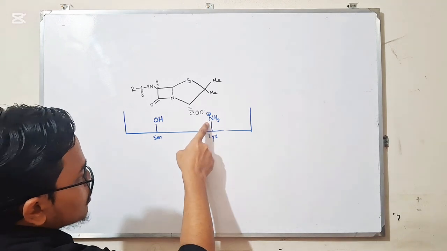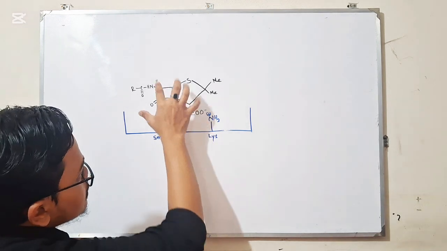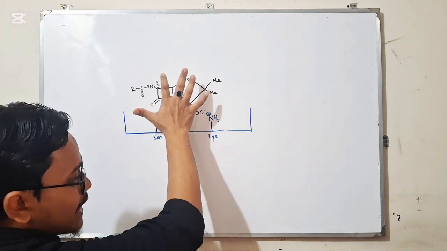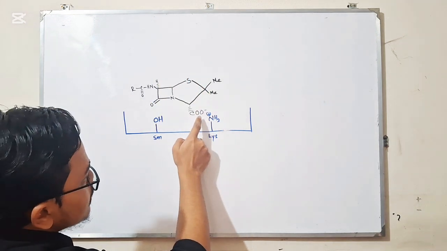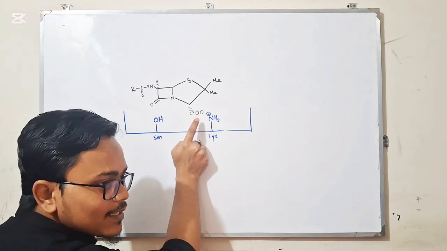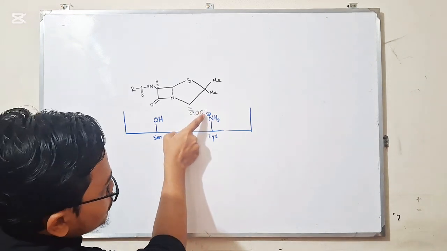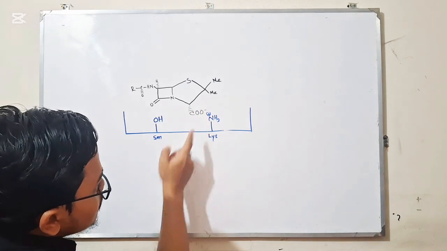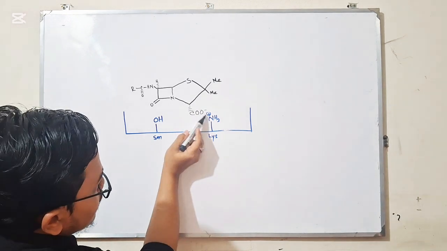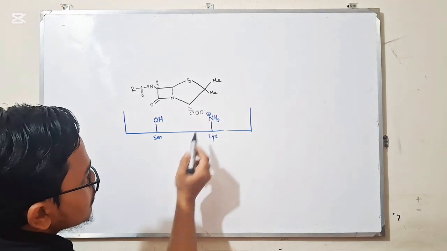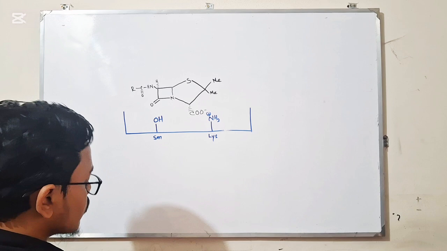So as this nitrogen is electron deficient, and this beta lactam antibiotic penicillin has a COO minus group, it can bind, it can neutralize this nitrogen by sharing its electron.